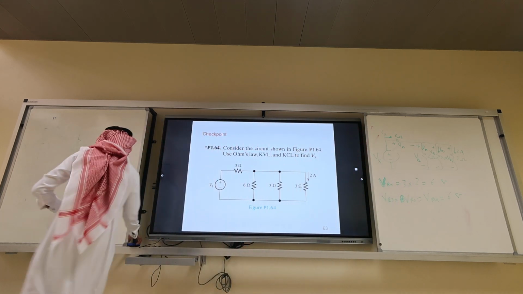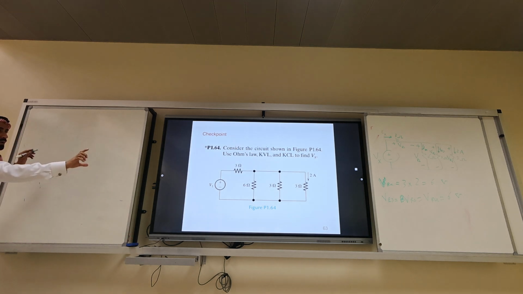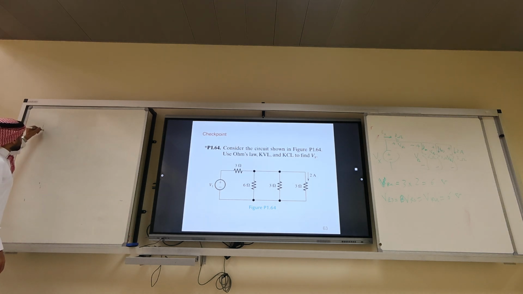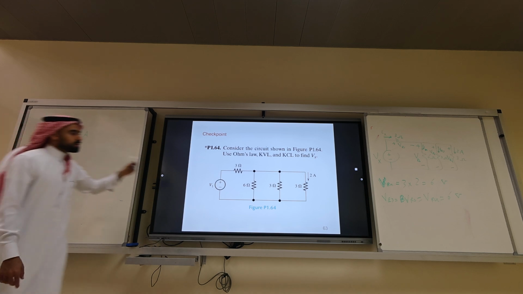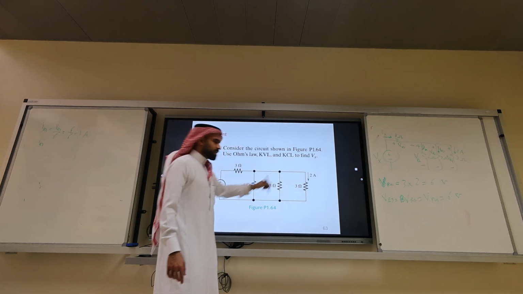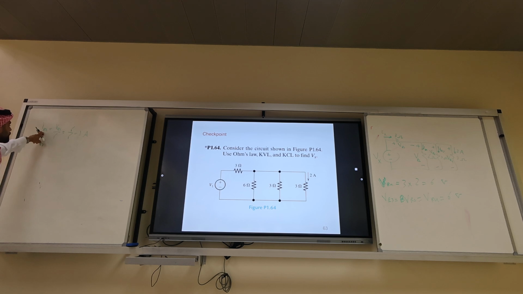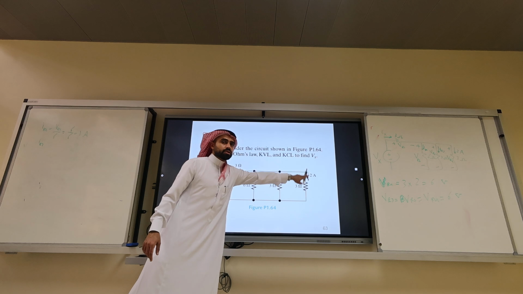So what we have here, IR2 equals VR2 divided by 6, which is 6 divided by 6 equals 1 amp. And IR3, IR4, which is 2.